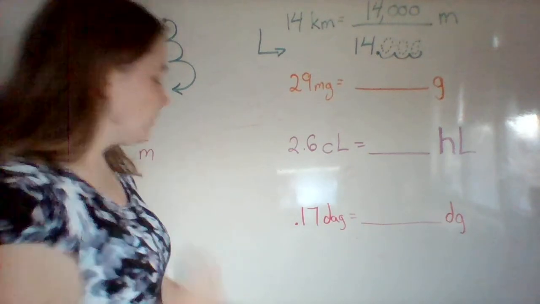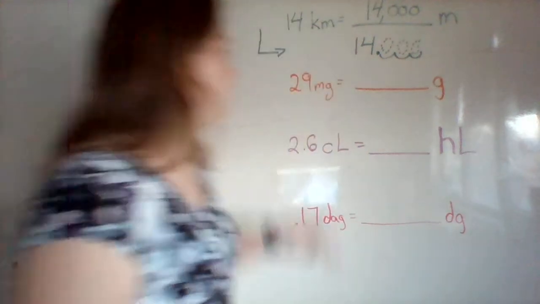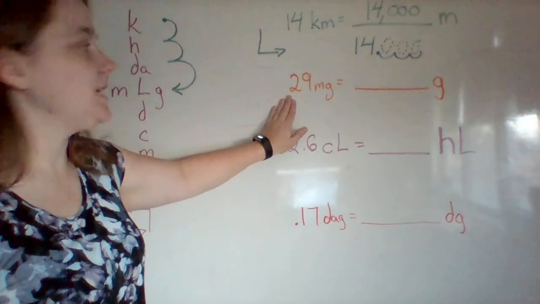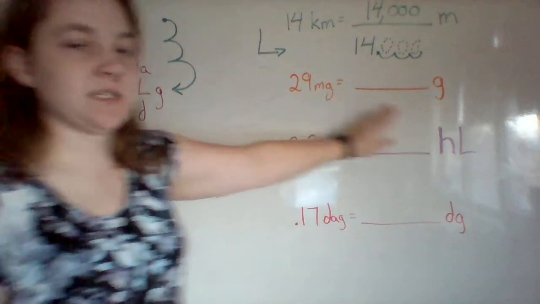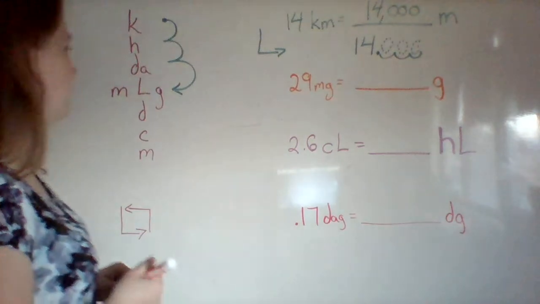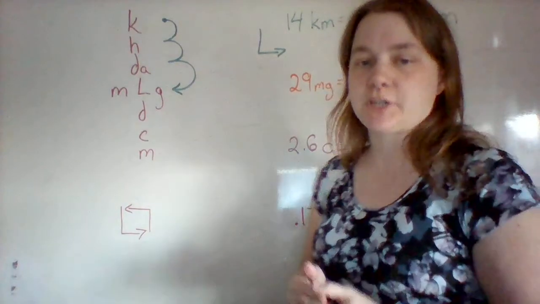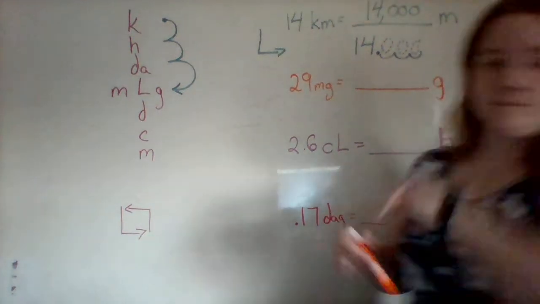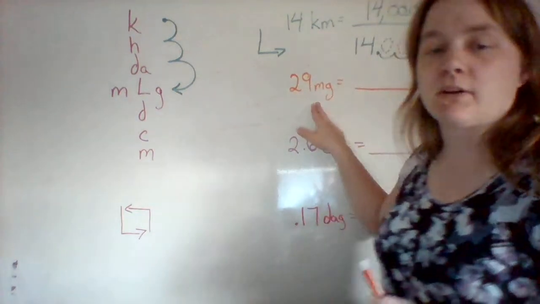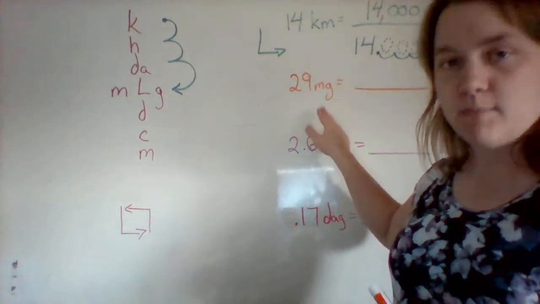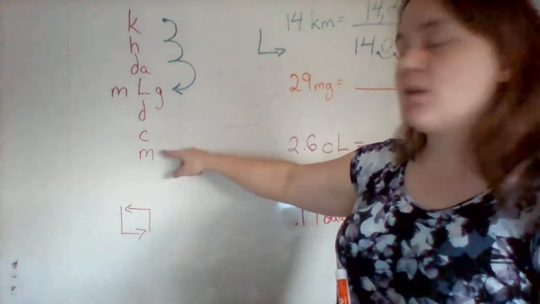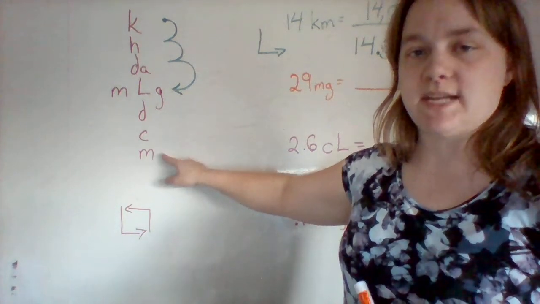So let's take a look at our next example: 29 milligrams converting to grams. First, I need to figure out where in my chart I'm going to start. This says milligrams. It does not say metergram. The M in the prefix is always down here.